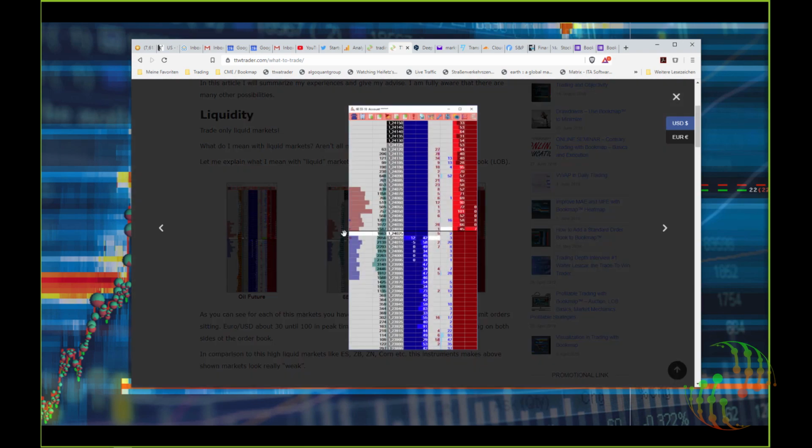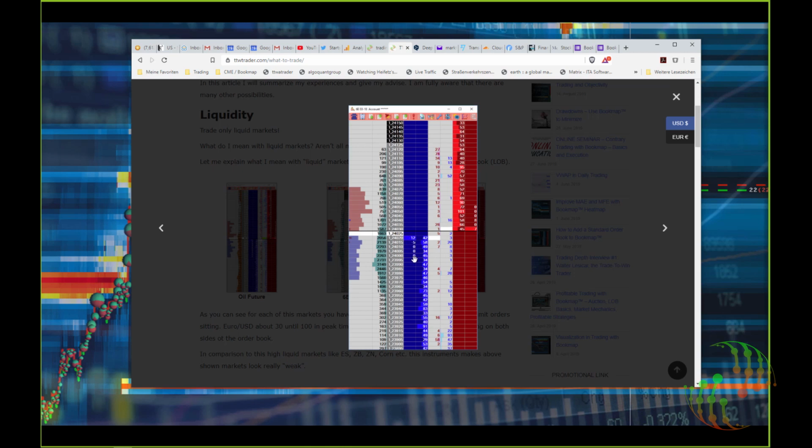And look at the 6E, the euro US dollar. You have a similar picture here. So the market is relatively thin. You see we are trading 40, 50, maybe 70, 80 contracts per price level here. That means it is possible, but it's absolutely hard to follow every day session with the limit order book alone.